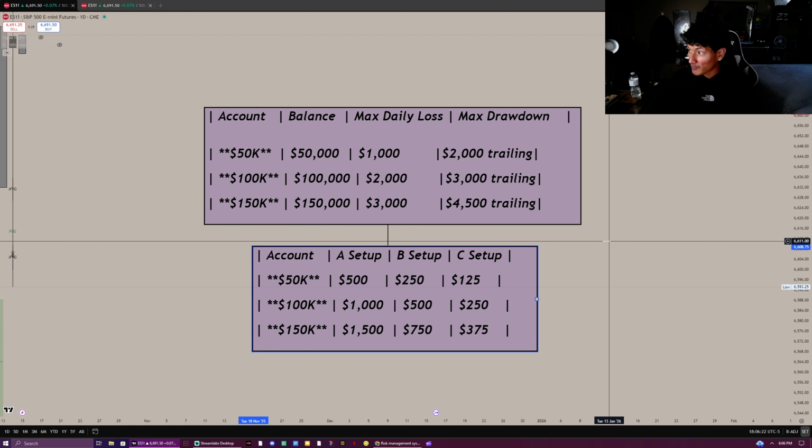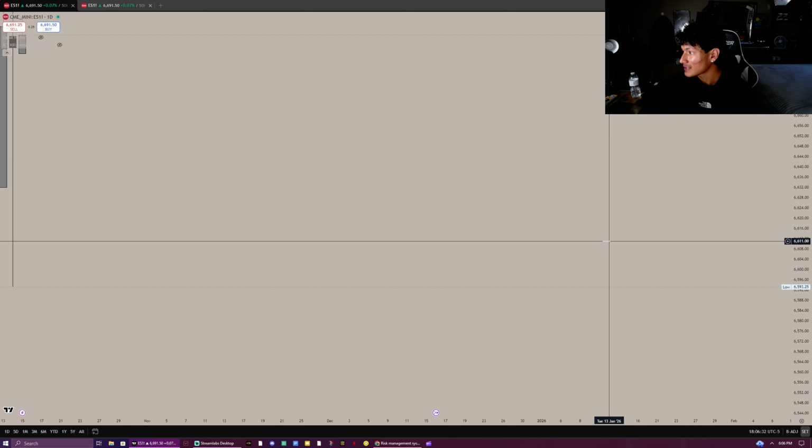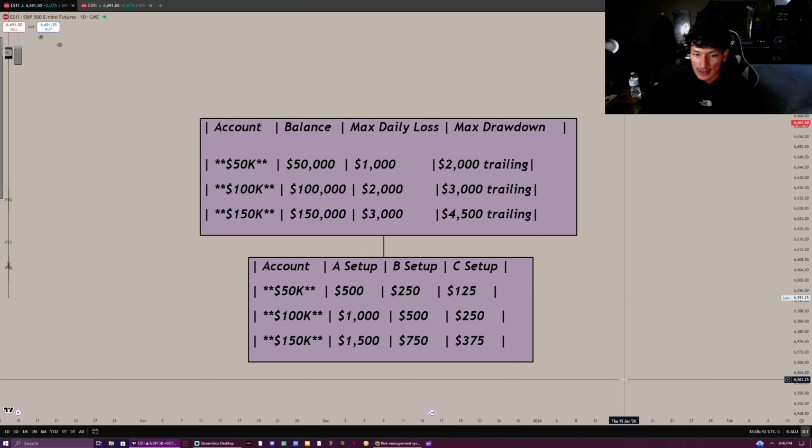If the market is ranging and just consolidating, and pre-market didn't move much, Asia and London didn't take out highs or lows, then this is going to be a C setup, because of what was happening before. There isn't a lot of volume in the market, so the most you can risk is $125. That's the most I can risk. That's the absolute most I can lose today.